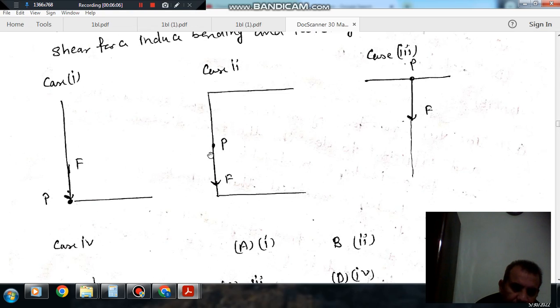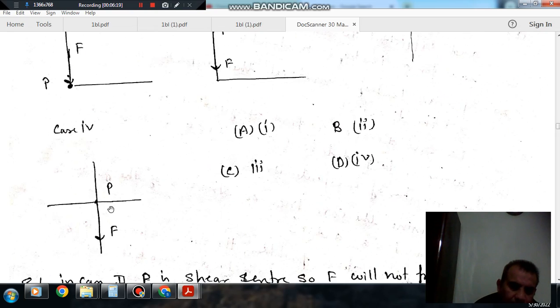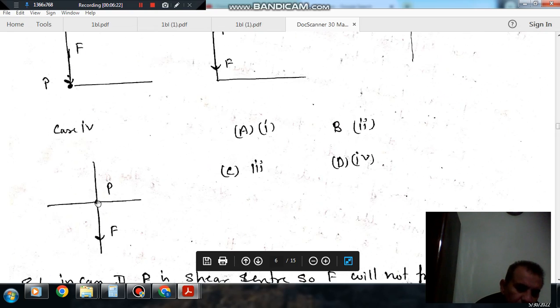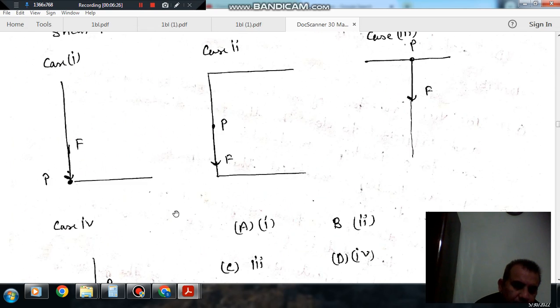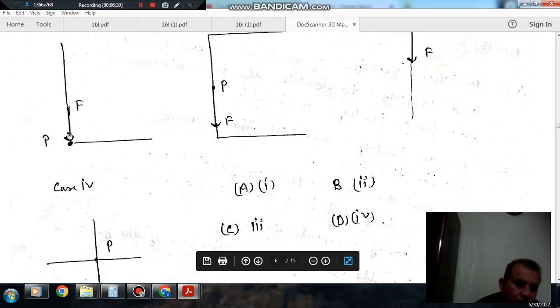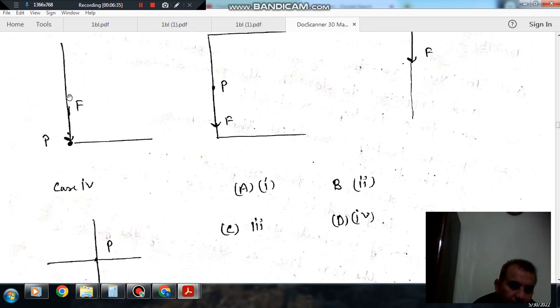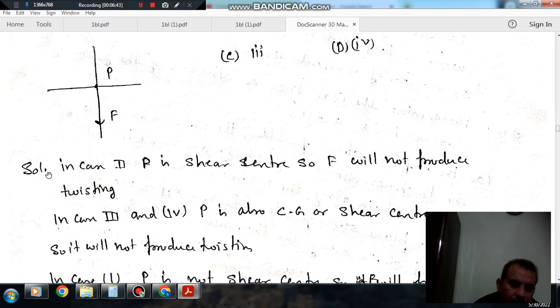But here this is the shear center, or centroid, of the channel section, so this will not induce any twisting. Here this is also the centroid of the section, so there will be no twisting. This also will not introduce twisting because this is also the shear center. So the answer is option 1, because this is not the shear center. When the shear force acts at the shear center, it will not produce any twisting, but this acts at a distance from the shear center. So the answer is option A.